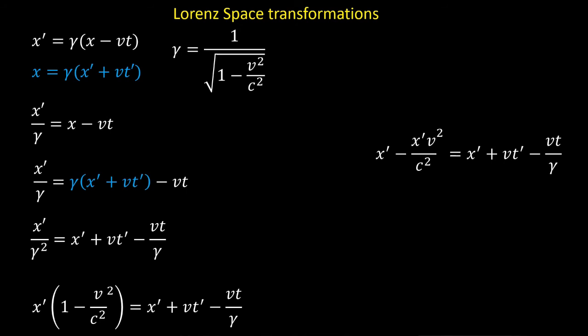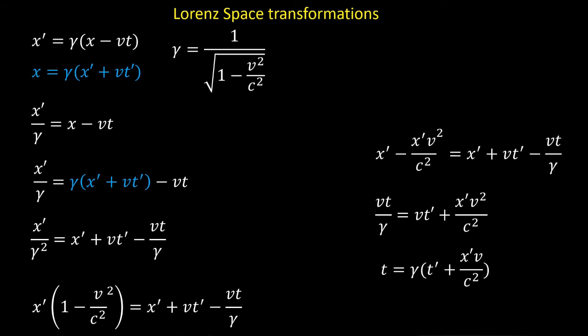Subtracting x prime from both sides eliminates this variable, and rearranging for vt over gamma, we get vt divided by gamma equals vt prime plus x prime times v squared divided by c squared. Dividing both sides by v and multiplying both sides by gamma, we are left with t equals gamma, open brackets, t prime plus x prime v divided by c squared.